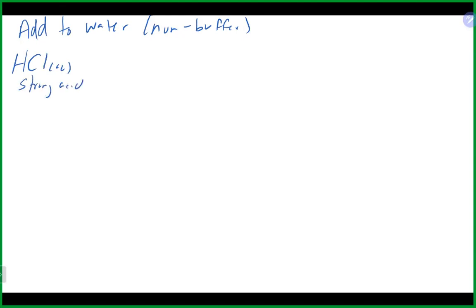So if we add hydrochloric acid, which is a strong acid, to water, which is a non-buffer solution, what's going to happen is it is going to 100% break apart into H plus and Cl minus.